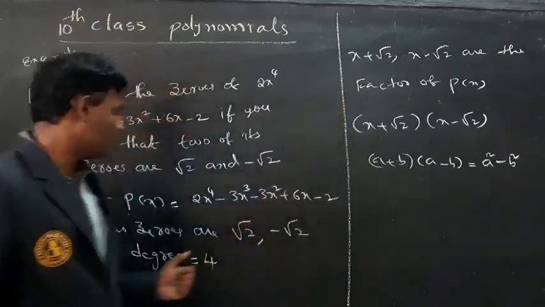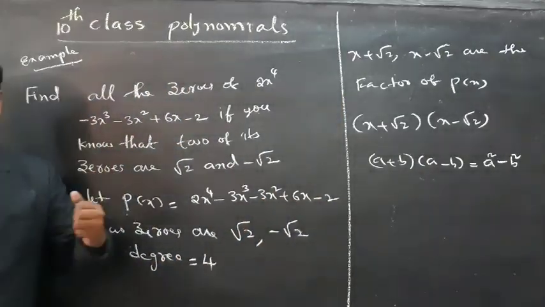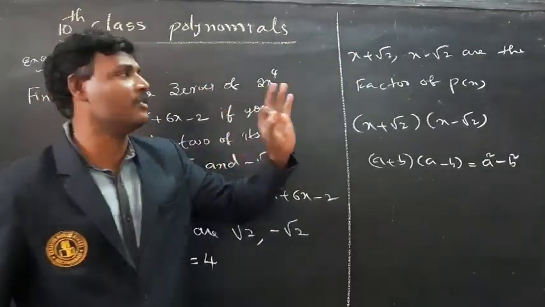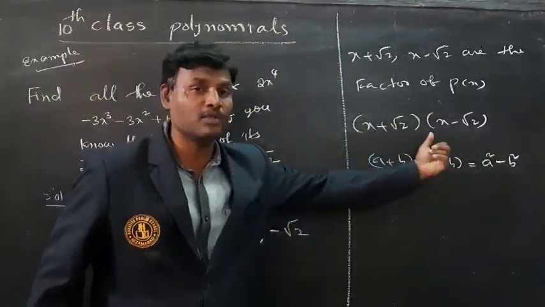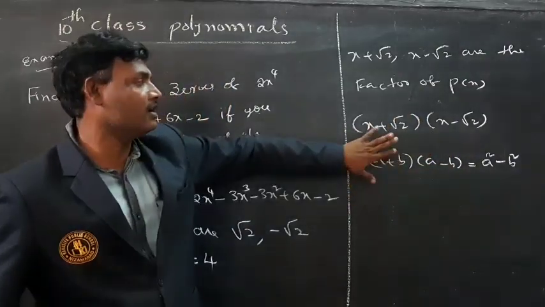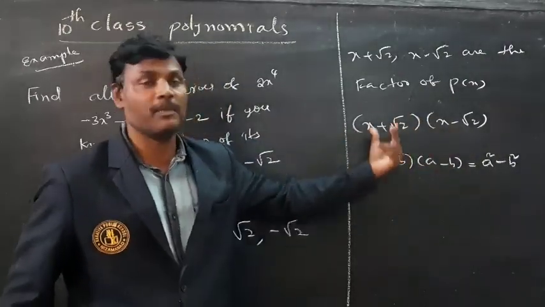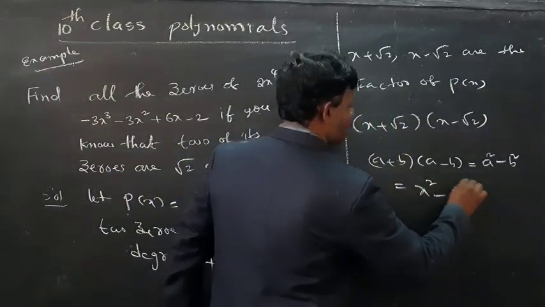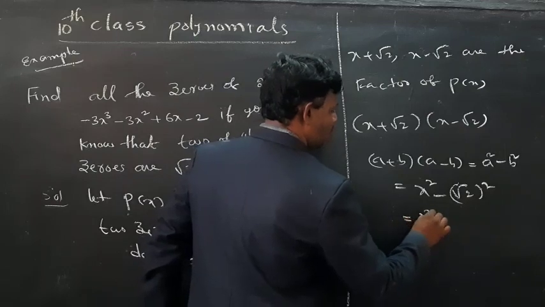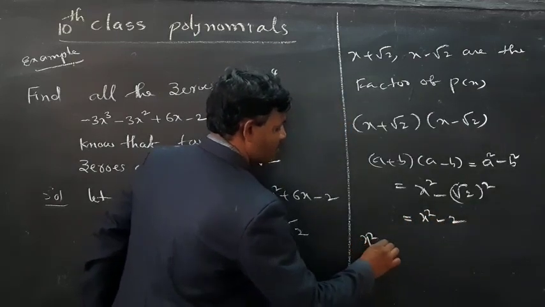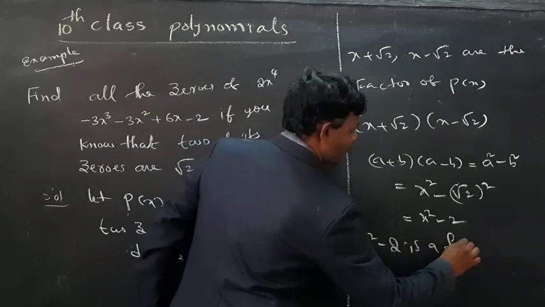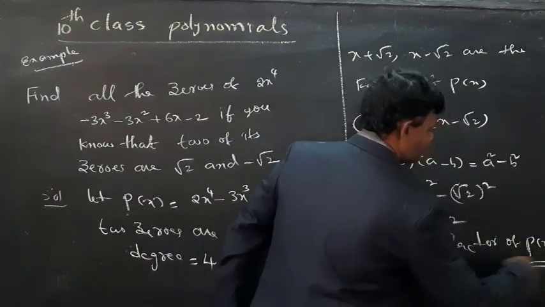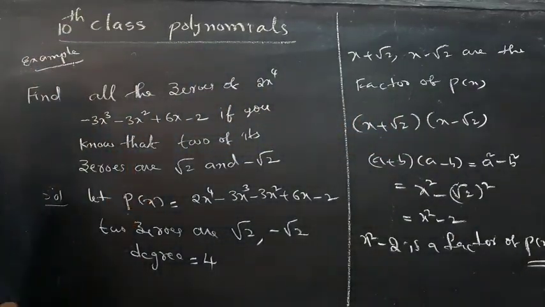So what do I get here? These factors are in the form of a plus b and a minus b. So by using that we can write x square minus root 2 whole square. It means x square minus 2 is a factor of p of x.